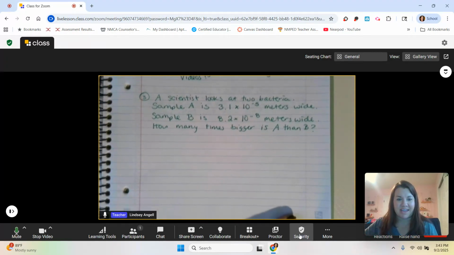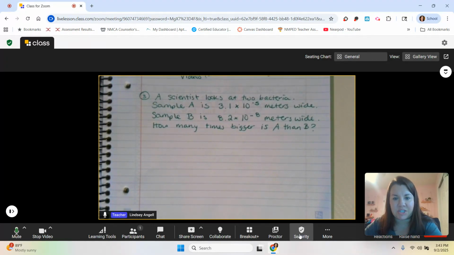Okay, number 3, a scientist is looking at 2 bacteria. Sample A is 3.1 times 10 to the negative 5th meters wide. Sample B is 8.2 times 10 to the negative 8 meters wide. How many times bigger is A than B?